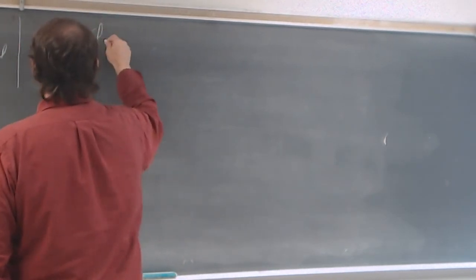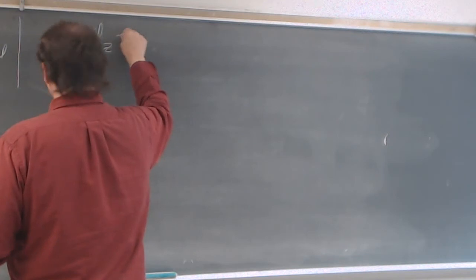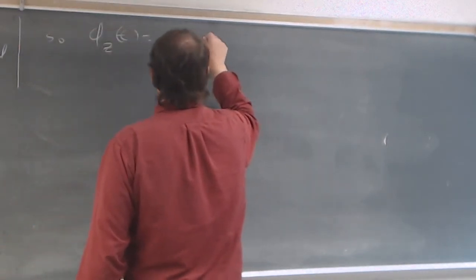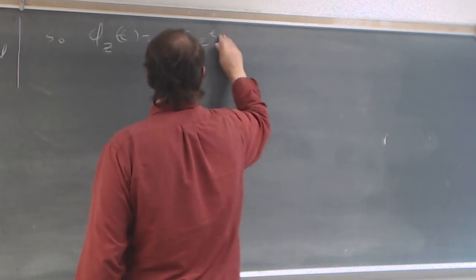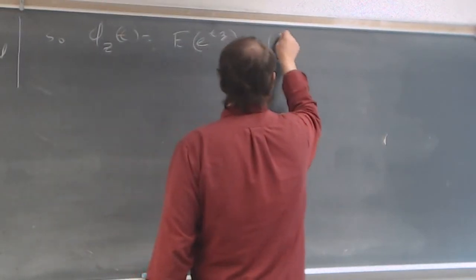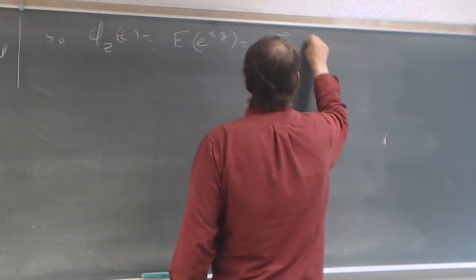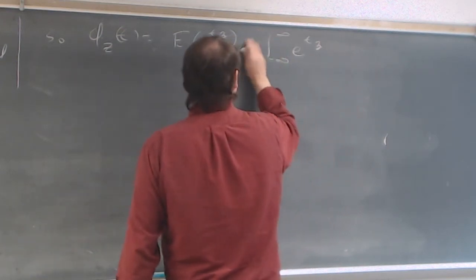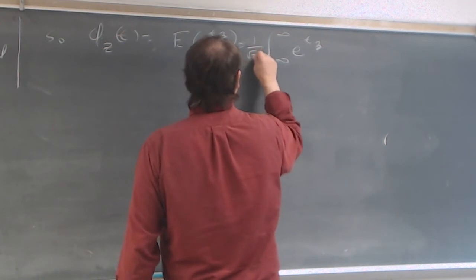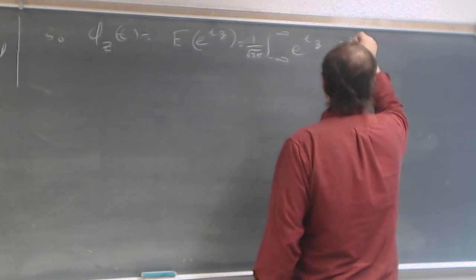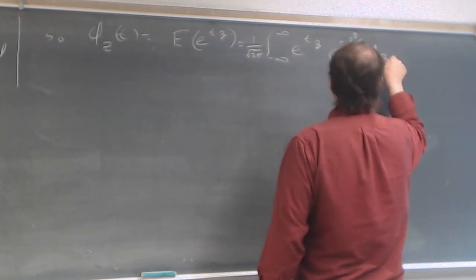Okay, so phi sub z of t is going to be equal to the expected value of e to the tz, which is going to be the integral from minus infinity to infinity of e to the tz times, well, I'm going to pull out that constant of 1 over the square root of 2 pi out in front, and then it was e to the minus z squared over 2 dz.